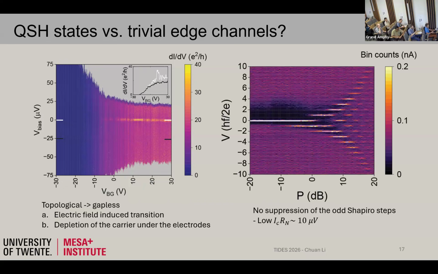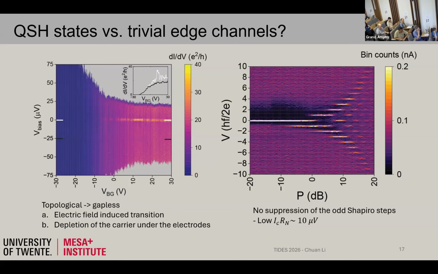But then there are some observations which are not fully understood with this scenario. For example, if we go a little bit further in gates or depletion, it seems we can gap out our junction. So this is very hard to understand actually.